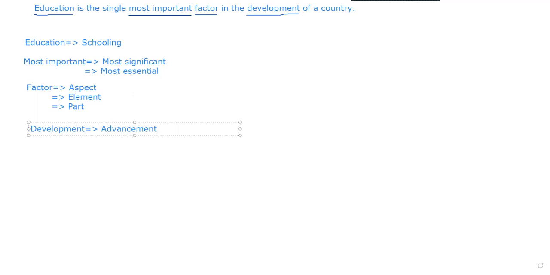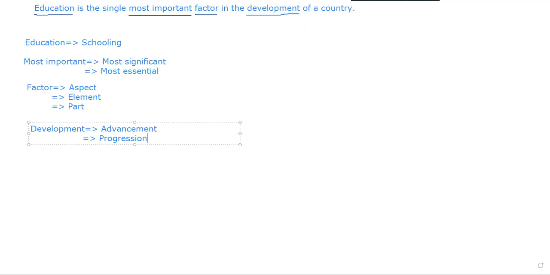Or growth. Evaluation, no, evaluation means to test something. You can say maybe progression as well. Development, advancement, progression, these are synonymous words.